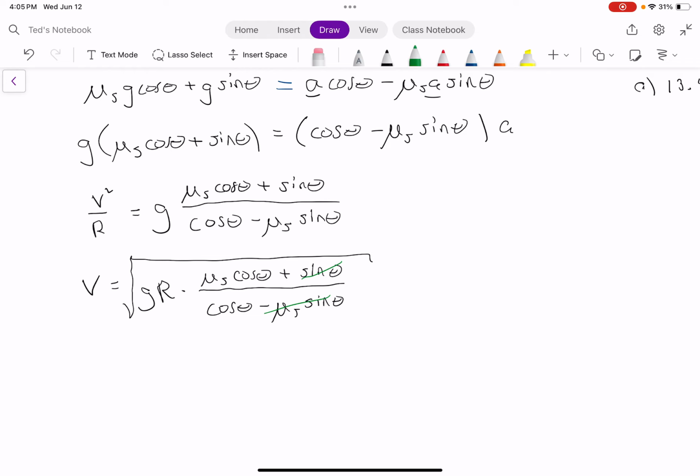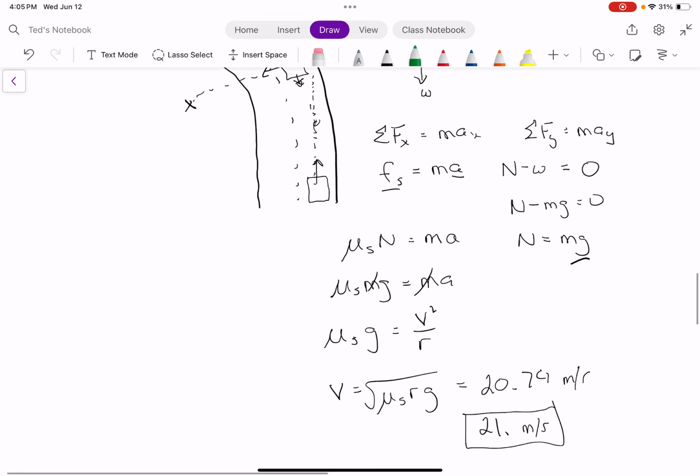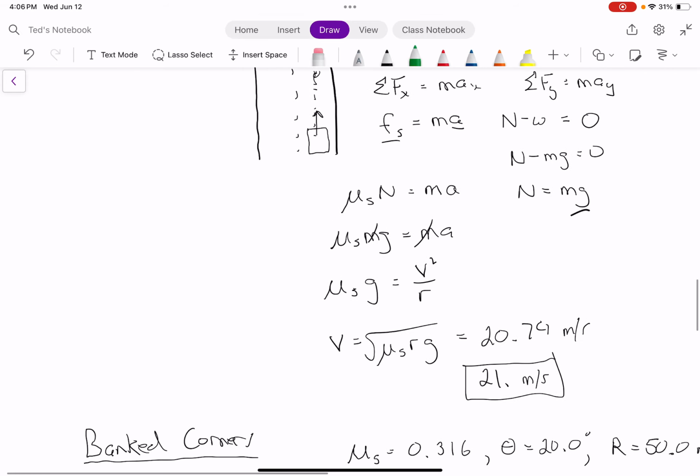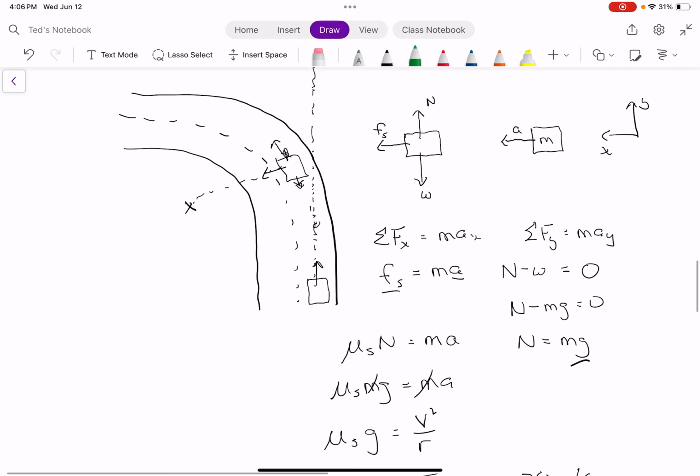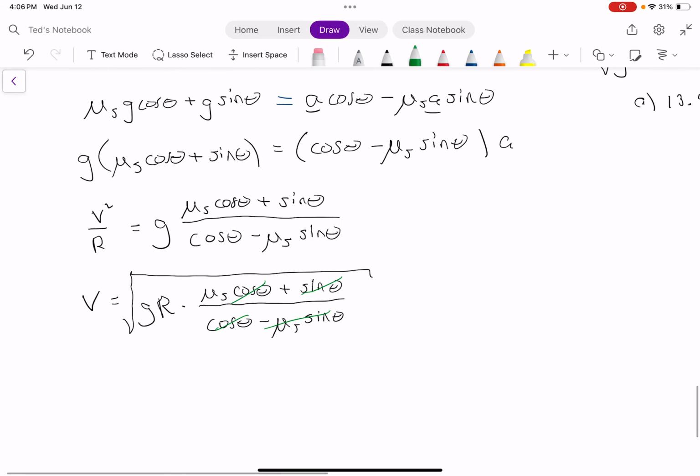So we would end up with mu s times gr, which is what we got in the previous video. v is equal to mu s gr when we had a flat hill. So if the angle is 0, we get the answer that we got with no hill. And if the friction is 0, we get the answer that we got with no friction. And so this seems like a very reasonable equation.